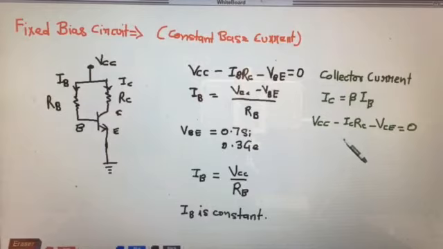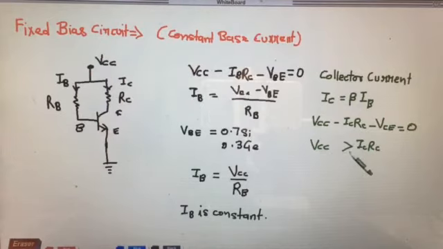Thus, for the transistor to be biased in the active region of operation, from here we can conclude that VCC is greater than IC RC, because VCC minus IC RC minus VCE is equal to 0, so VCC is VCE times greater than IC RC.